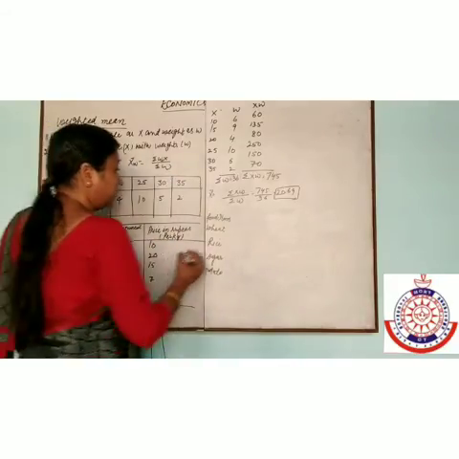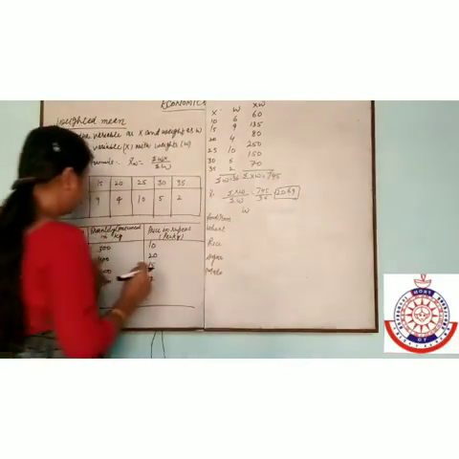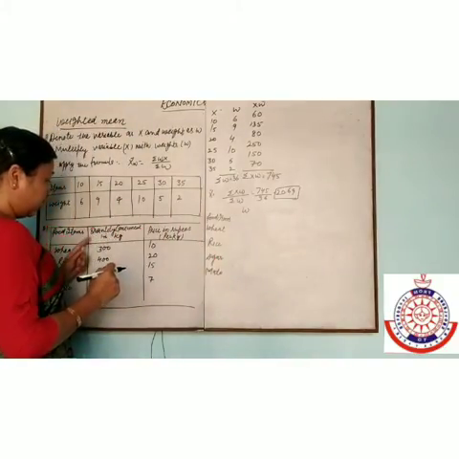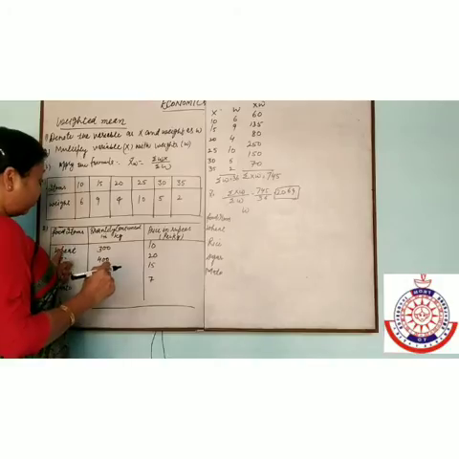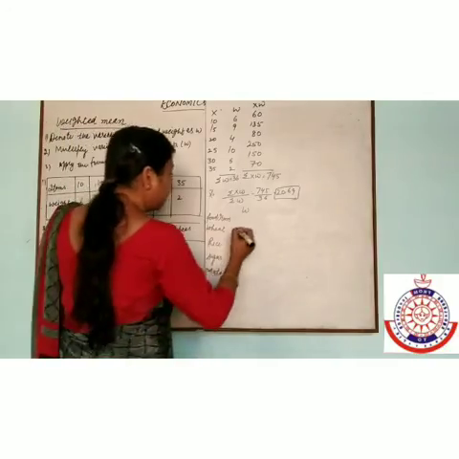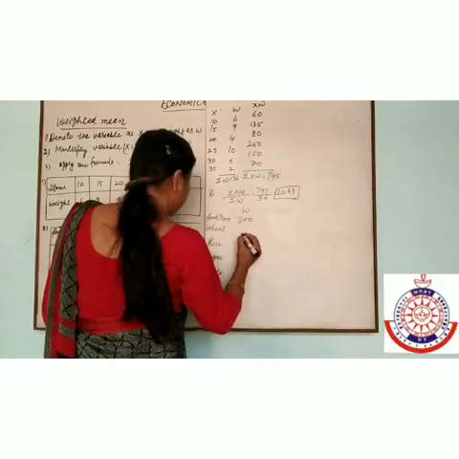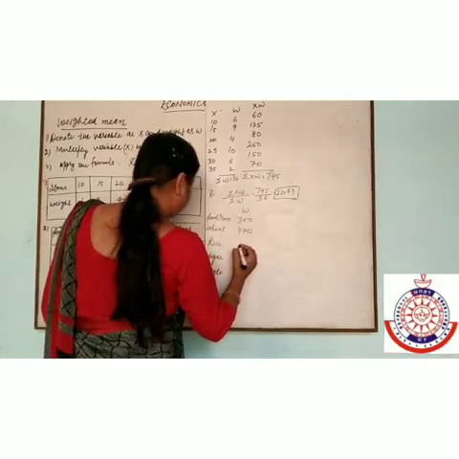And w is the quantity consumed in kg. It's a different importance. Wheat we are consuming 300, rice 400, sugar 200, and potato 500. So we are giving different weights to all the items.